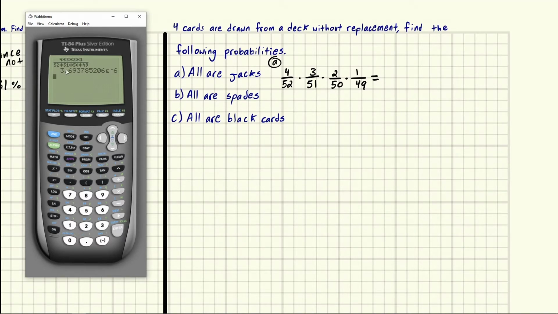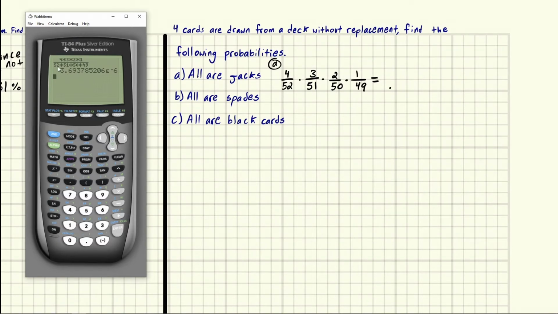We're going to have 5 zeros, because one of the places is taken to move past the 3. So the answer is going to be point 0, 0, 0, 0, 0, 1, 3, 6, 9, and on and on. We'll round to there. It's an extremely small chance that this is going to happen, but this is how you would do part A. Now we're going to go over to part B.